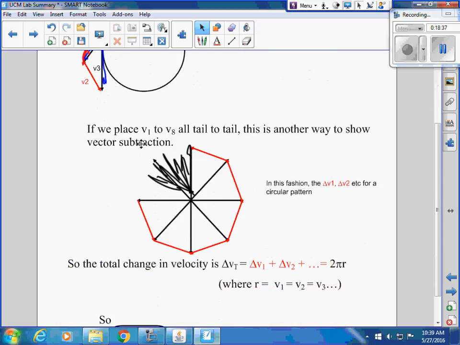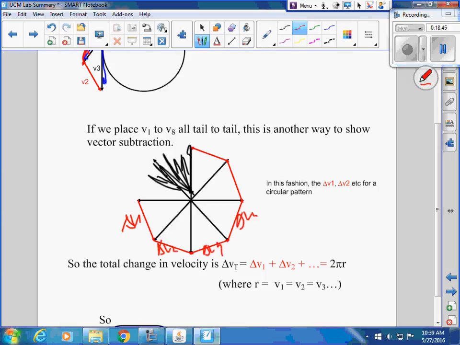So in other words, these red ones here are delta v1, delta v2, delta v3, delta v4, and so on. And if I've got all these 1,000 black ones, right now it's sort of circular, but it's not because they're straight lines. But if the black lines are just really close to one another, then this red thing actually becomes an actual circle, in that sort of calculus, taking it to the limit kind of thinking.